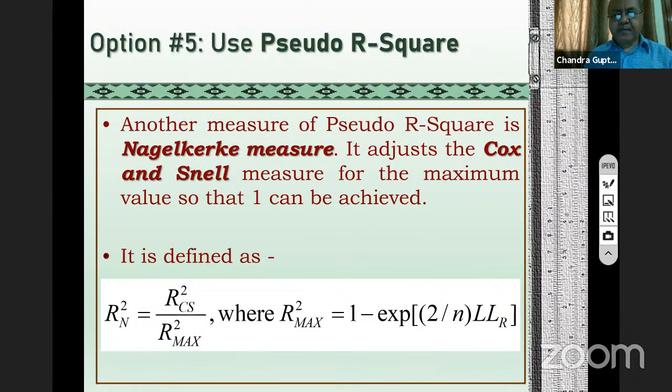Then we have the Nagelkerke measure, which adjusts the Cox and Snell to get a maximum value of one.